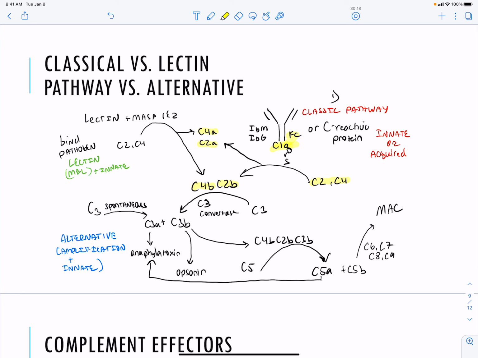Now, the other pathways are the lectin, or the MBL, mannan-binding lectin pathway. And in this case, you have lectin and MASP1 and 2. Now, MASP1 is mannan-binding lectin serine protease 1.